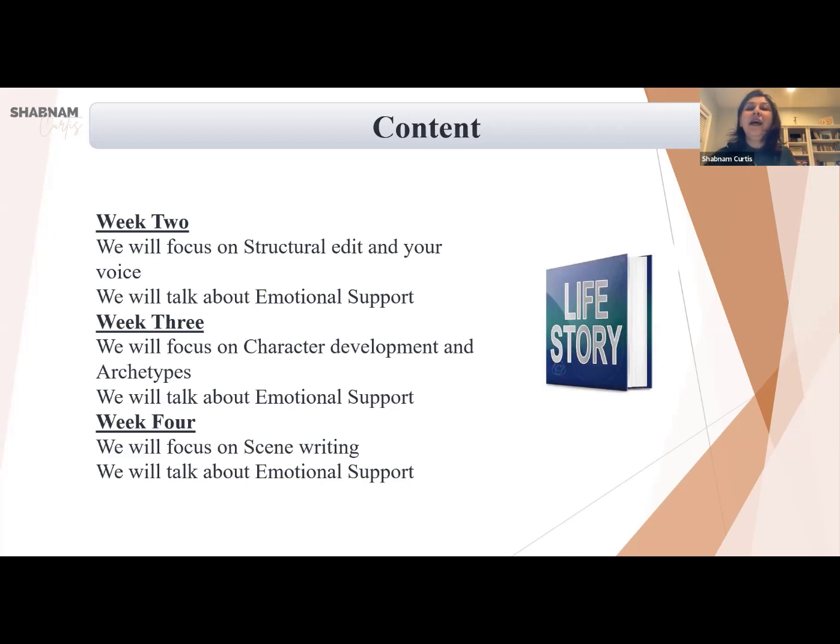Oh, okay. I forgot that I have a little bit of a structure for the next 3 weeks. We are going to talk about structural edits and the writer's voice next week. We will talk more about emotional support. In the 3rd week, we are going to focus on character development.